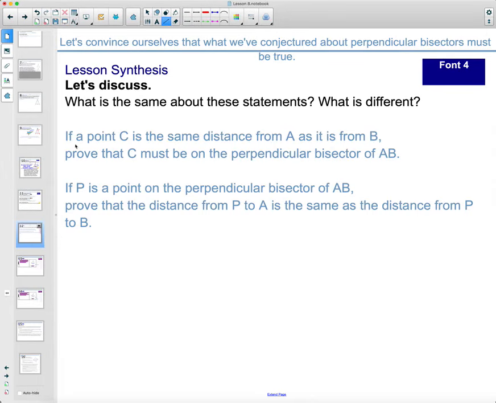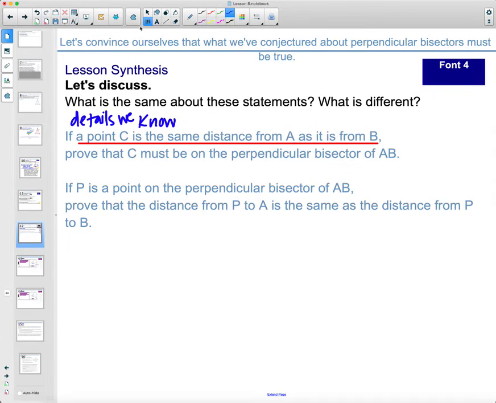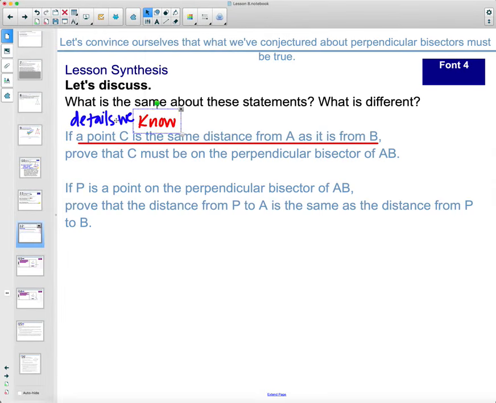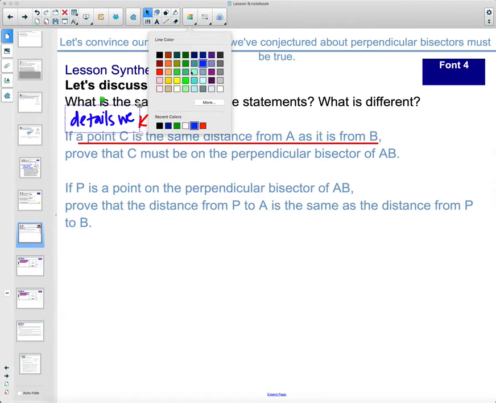Okay, so they're giving you this if part. This is what you know. This is the information that you know or are given as facts for the case that you're trying to prove. And then the end part, which is called the conclusion, that's what we're trying to get to.